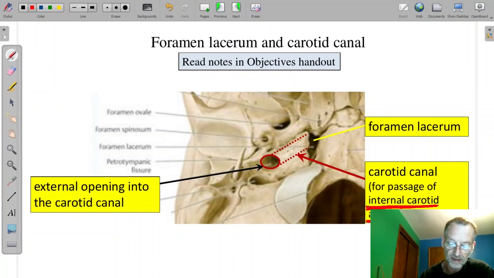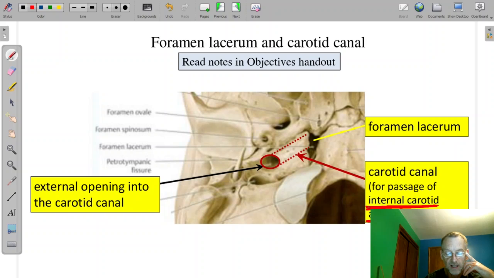Well, it's coming up the neck along in the carotid canal, or the carotid groove, right along the sternocleidomastoid muscle in the neck. You can feel the carotid pulse, and the carotid artery divides, and the internal branch supplies the brain, and this is how it gets into the cranium.